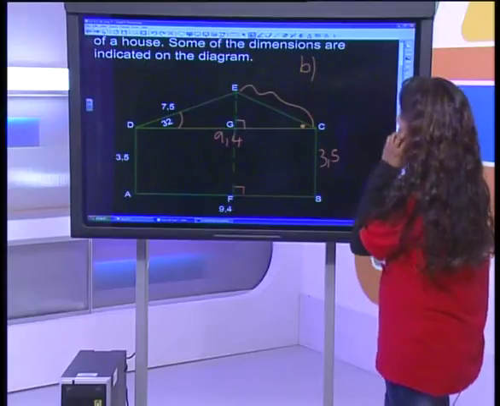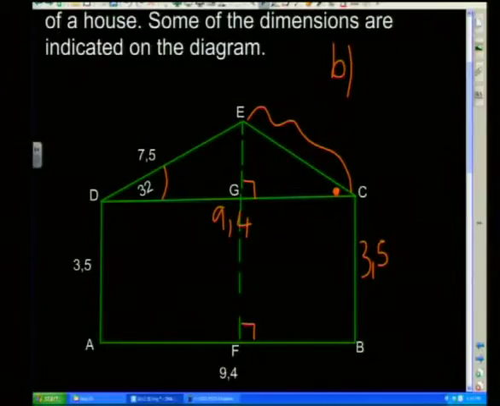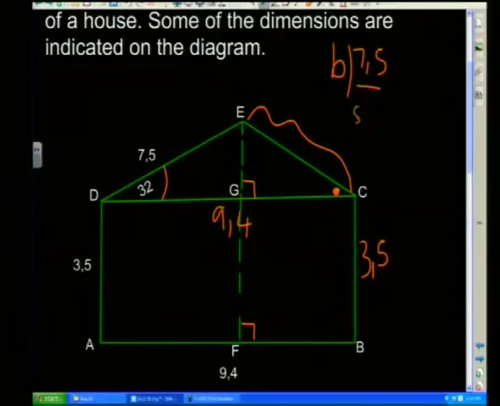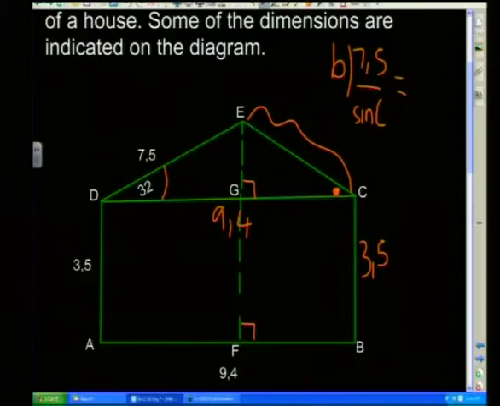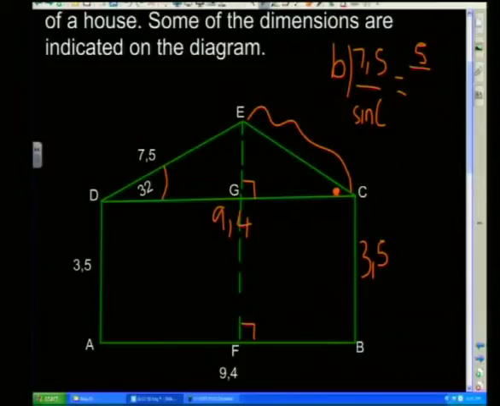So here we're looking for angle C, and I'm going to set it out via the sine rule: 7,5 over sine of angle C is equal to EC, which was 5, we just worked it out, over sine of 32.